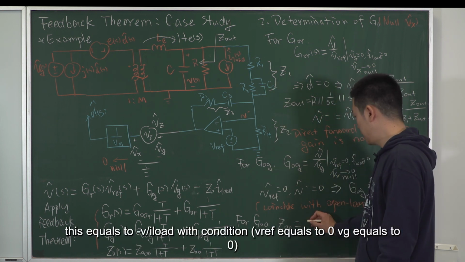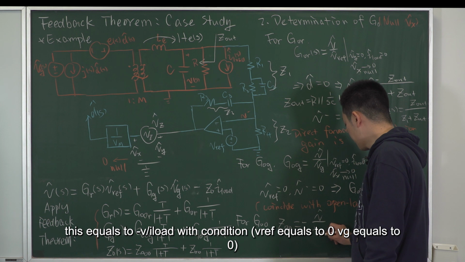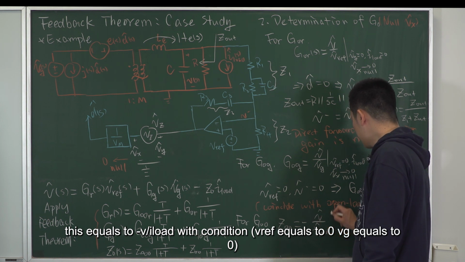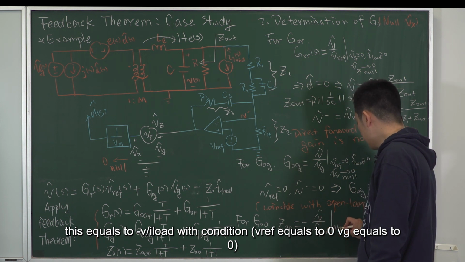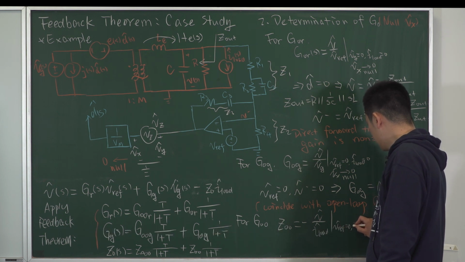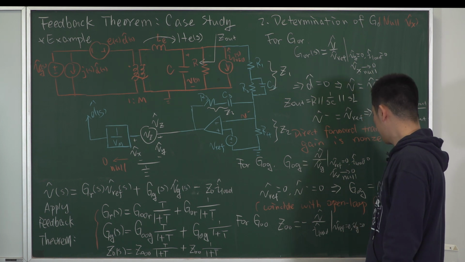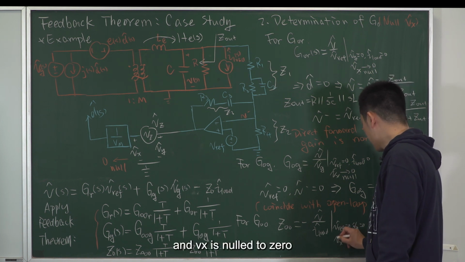This equals minus the output voltage small signal divided by the load change I load, given the condition that the other small signals are 0, and Vx is nulled to 0.